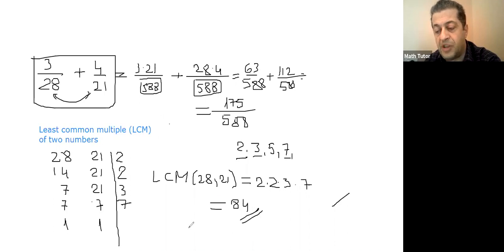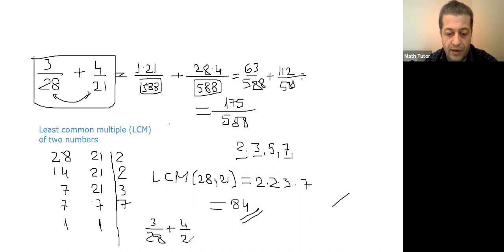It is much easier for us. Let's try. We had 3 divided by 28 plus 4 divided by 21. We should write the common denominator here, which is 84.